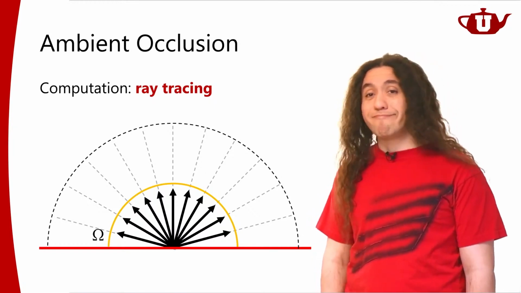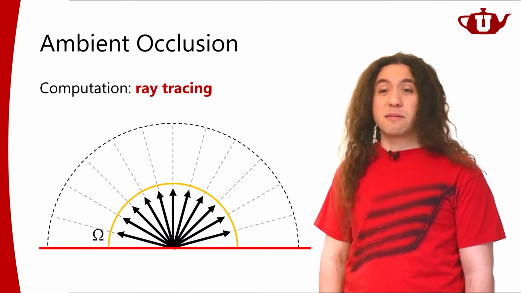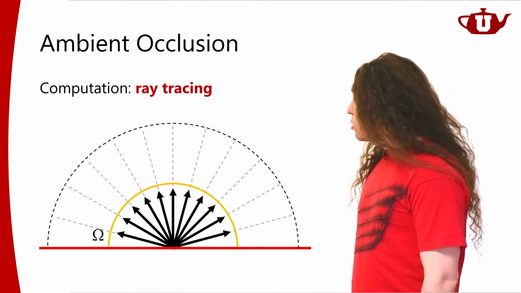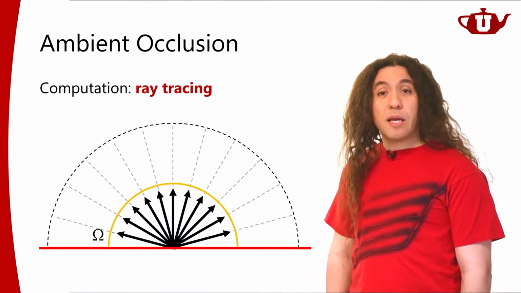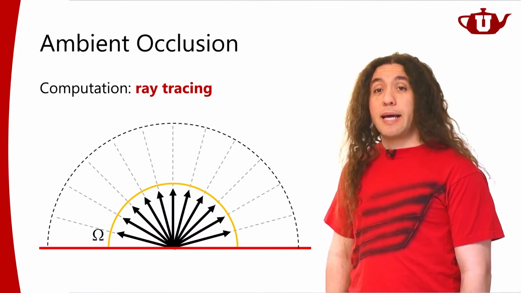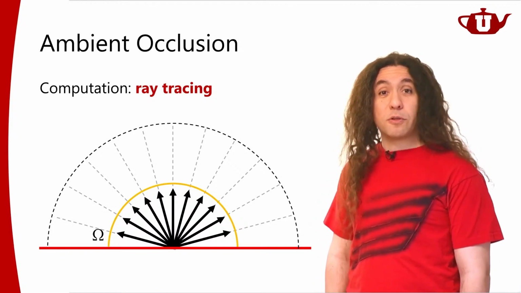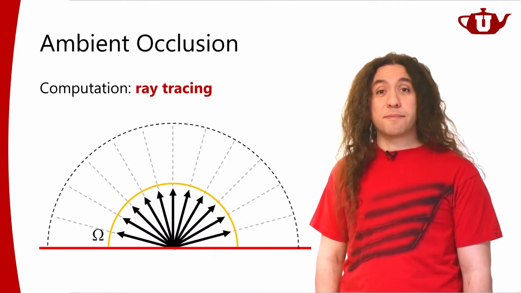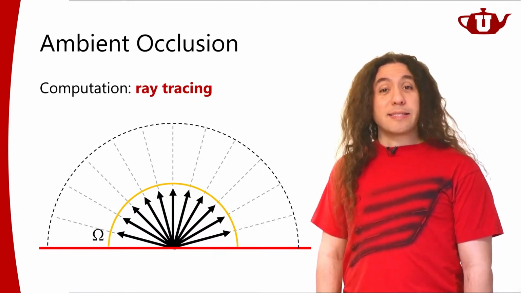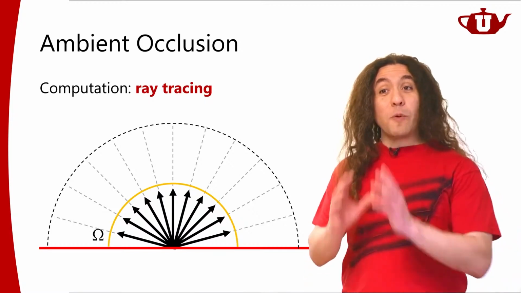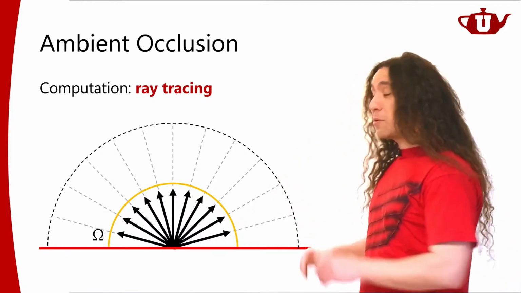So it becomes a question of, do I want it or do I not want it? The choice becomes a little unclear. So we need a faster way of computing ambient occlusion if we're going to use it for real-time rendering, right? And that's exactly what I'm going to show you now, how we can compute this ambient occlusion.